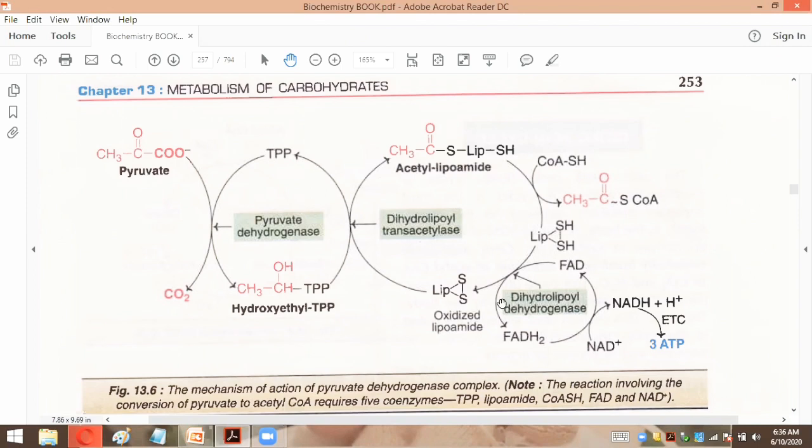So this is the overall mechanism for the pyruvate dehydrogenase complex, that it consists of three parts, कि तीन enzymes होते हैं. Pyruvate dehydrogenase होता है E1, E2 and E3. E1 is pyruvate dehydrogenase, E2 आपके पास है dihydrolipoyl transacetylase and E3 is dihydrolipoyl dehydrogenase.